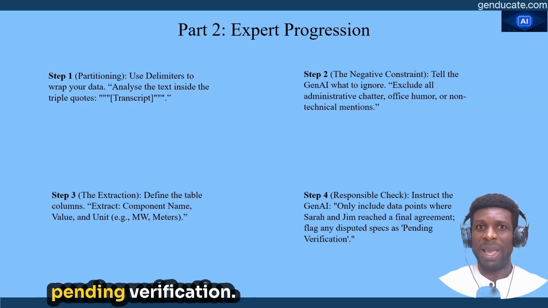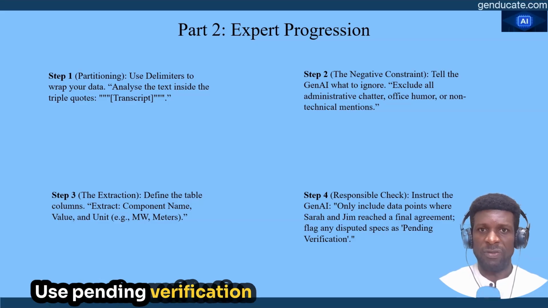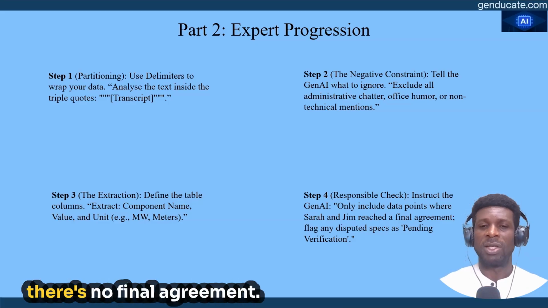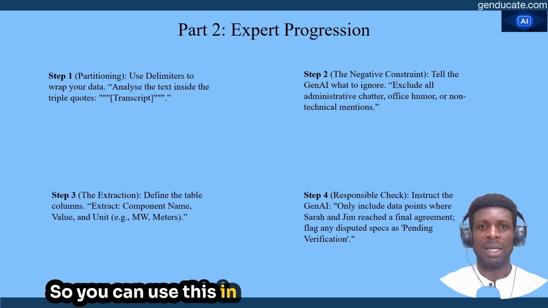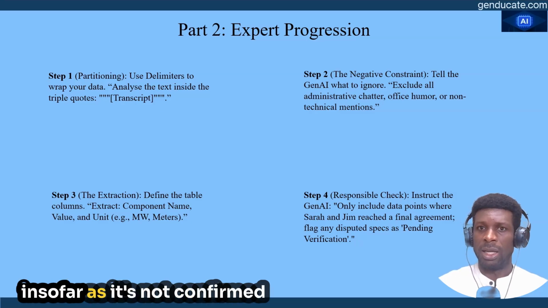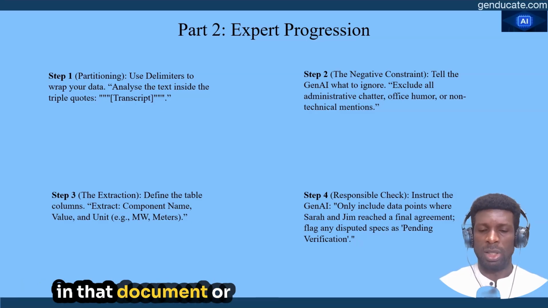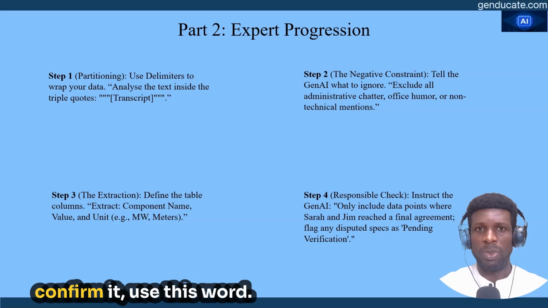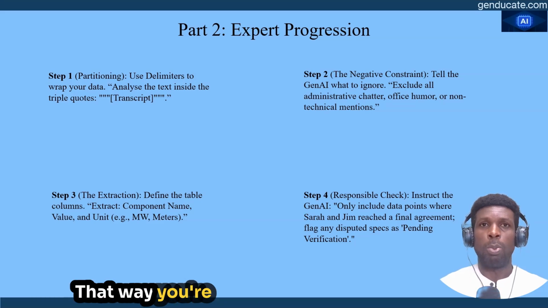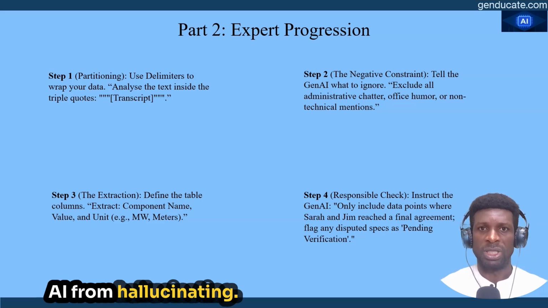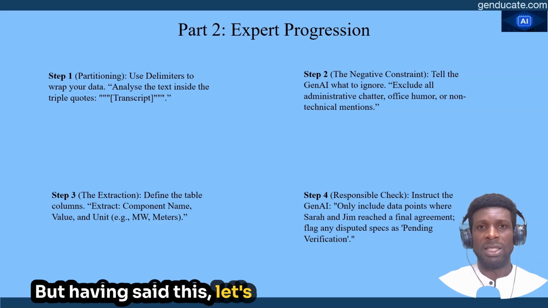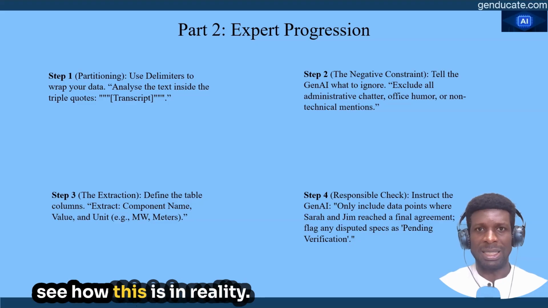In this case, we're using pending verification. Use pending verification if it's not confirmed, if there's no final agreement. So you can use this in any different context. Insofar as it's not confirmed in that document, or if generative AI can't confirm it, use this word. That way you're preventing generative AI from hallucinating. But having said this, let's go into the practice and see how this is in reality.